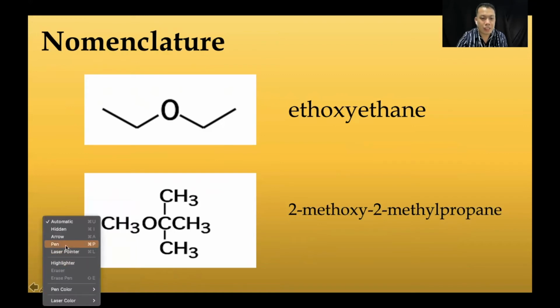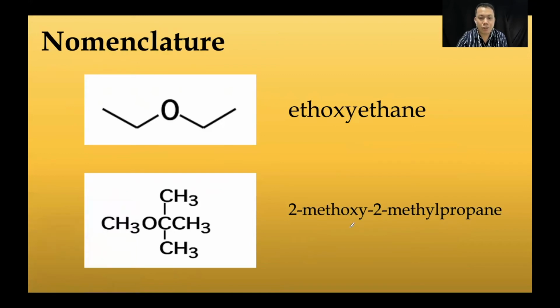Let us look into this. So why is it 2-methoxy? Again, you have to locate the longest chain of carbon. And in this example, I have here my highlighter. So this is your longest chain. Okay, so 3 carbon continuous chain.